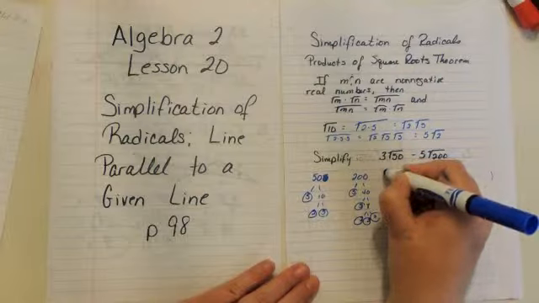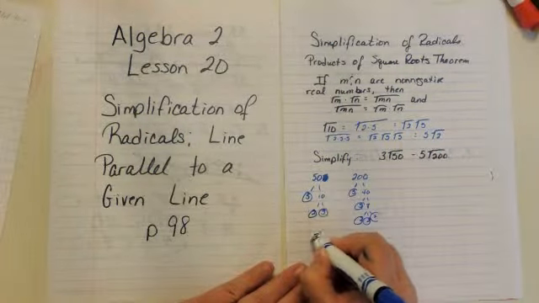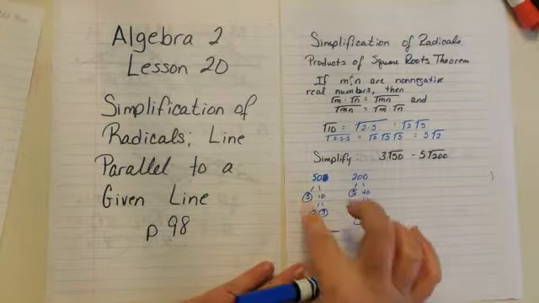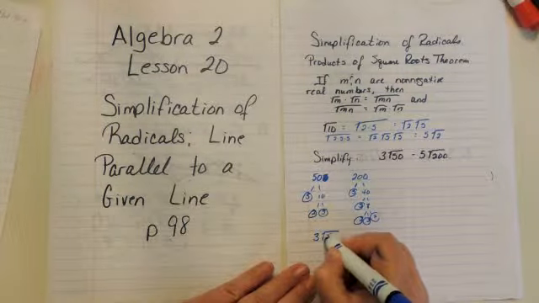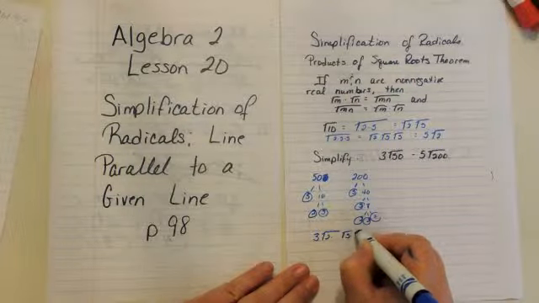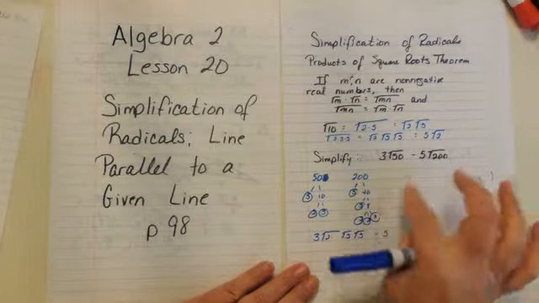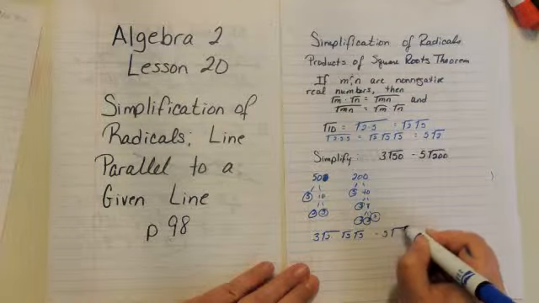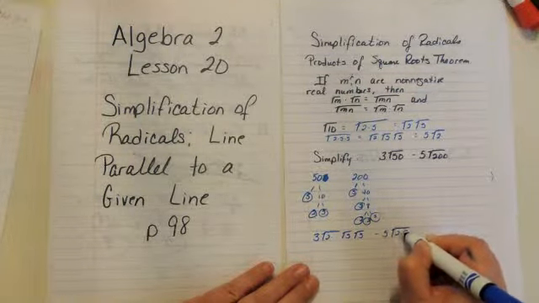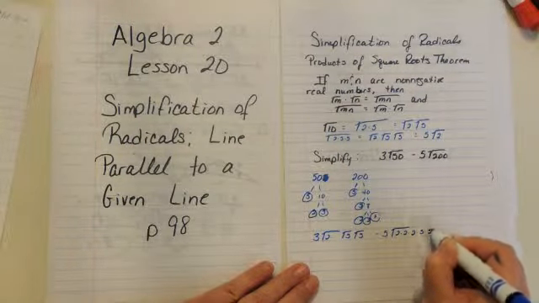So we can rewrite this as 3 times the square root of 50, which is going to be the square root of 2 times the square root of 5 times the square root of 5, minus 5 times the square root of 200, which is going to be the square root of 2 times the square root of 2 times the square root of 2 times the square root of 5 times the square root of 5.